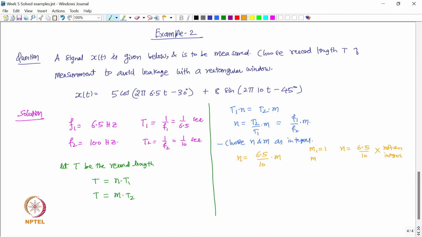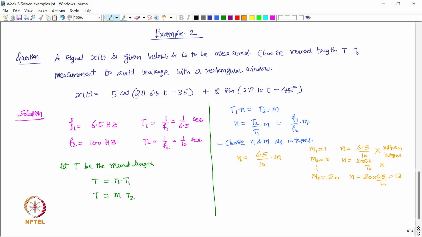Similarly, if I take m equal to 2, then n will be equal to twice 6.5 divided by 10, which is also not an integer. If I take m equal to 10, then n would be 6.5, which again will not be an integer. If I choose m as 20, then 20 into 6.5 upon 10 gives me 13.